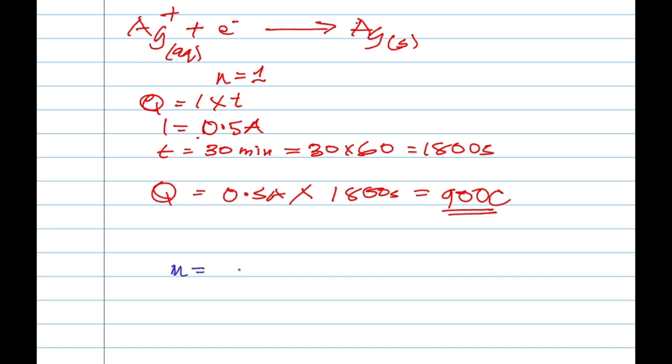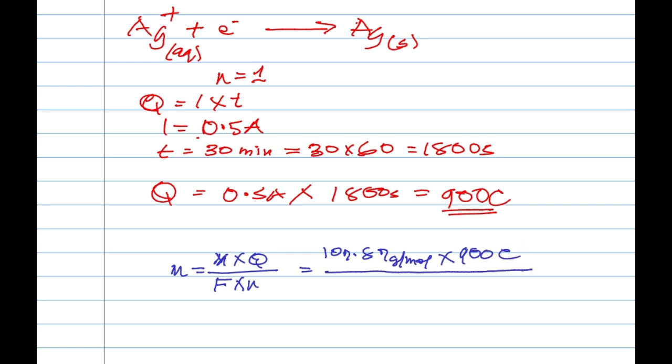The mass of substance deposited equals the molar mass of that substance multiplied by the quantity of electricity, divided by the Faraday times the number of moles of electrons. So what is the molar mass of silver? Remember, it is 107.87 grams per mole. Then multiply by what we just calculated, which is 900 coulombs of electricity, divided by the Faraday.